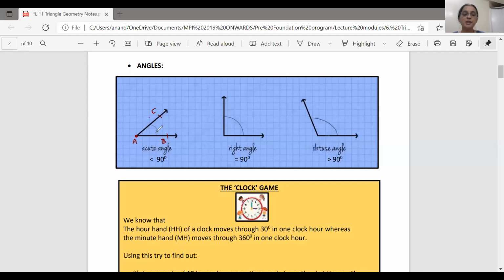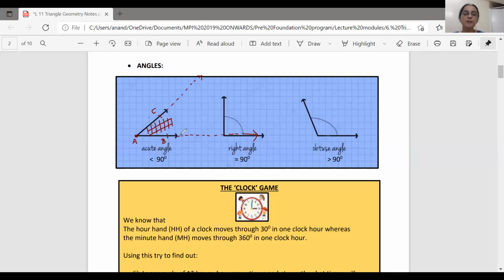Such two rays that come from the same point will enclose some area between those two rays. And this area is again infinite because this ray will go on, this ray will go on. And the area which is like a cone will be the area inside these two rays.